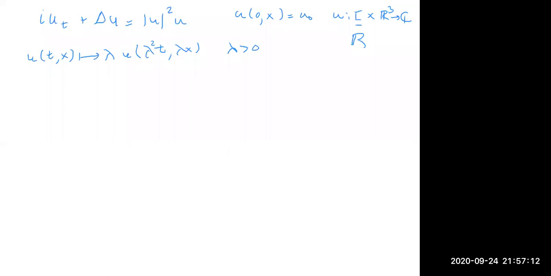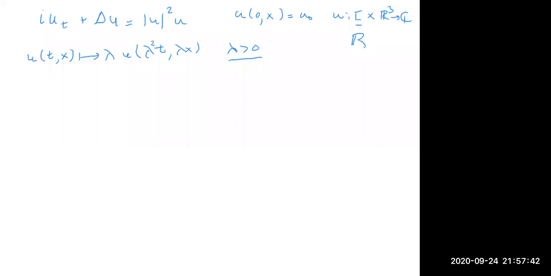And if the interval I was not all of R, then you would have to change the interval depending on what lambda you picked. But in our case, we're going to end up talking about global, so R would just be R in any case.